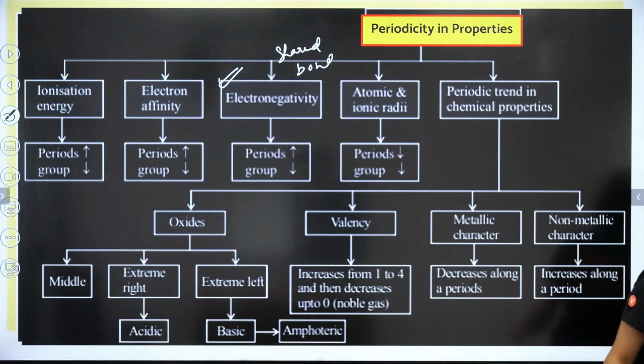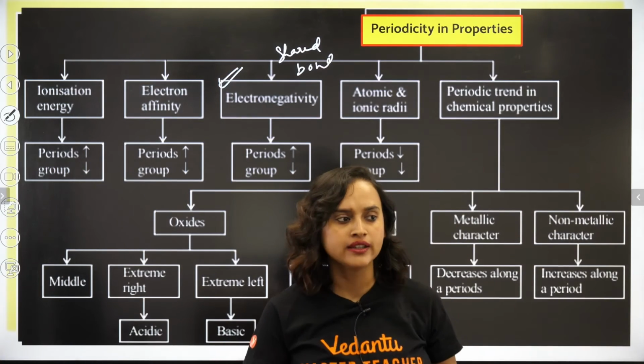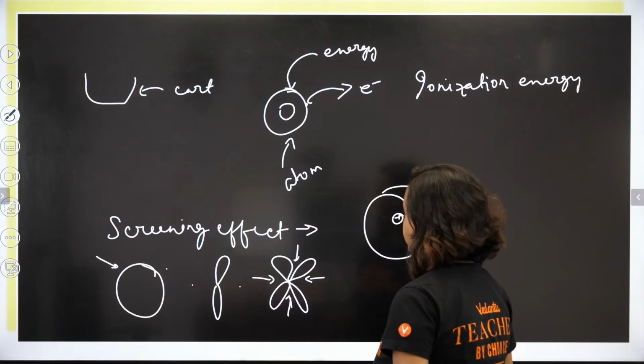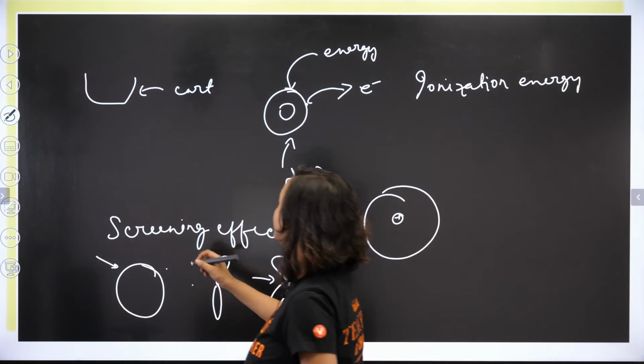When I spoke to you about screening effect or shielding effect, there are anomalies, like beryllium and boron.